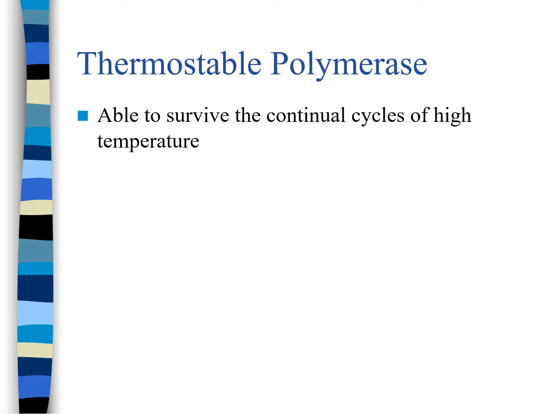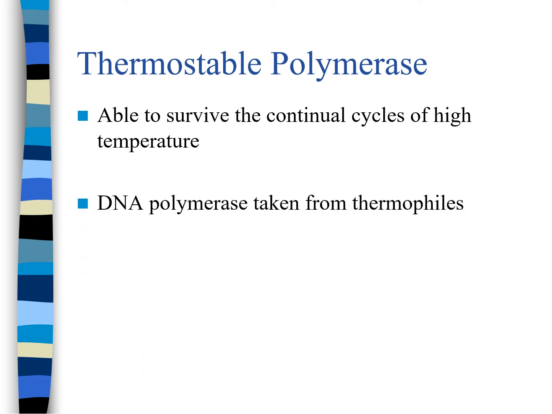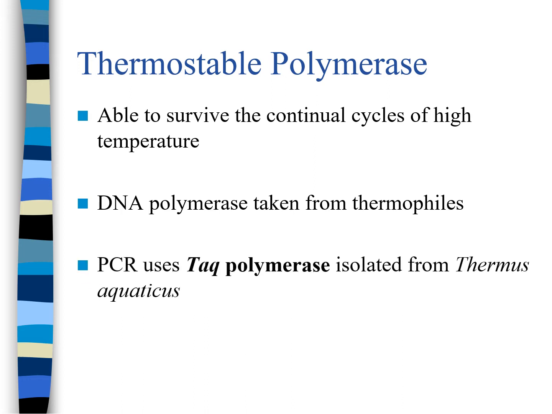This should kill an enzyme, but it doesn't in our case because we use a heat-stable enzyme. It's taken from thermophiles, organisms that are able to survive at high temperatures. The name of this enzyme is Taq polymerase, the type of DNA polymerase that is heat stable. Its optimum temperature is 72 degrees Celsius.